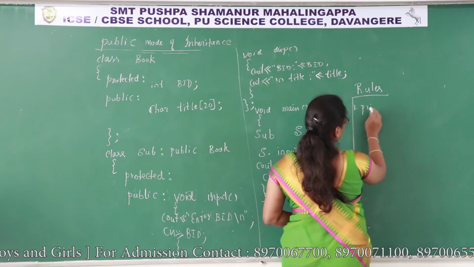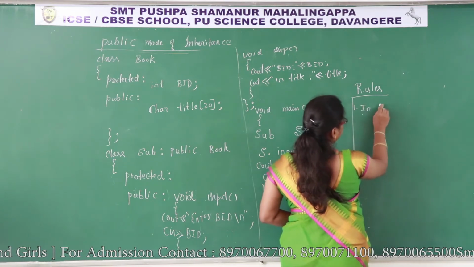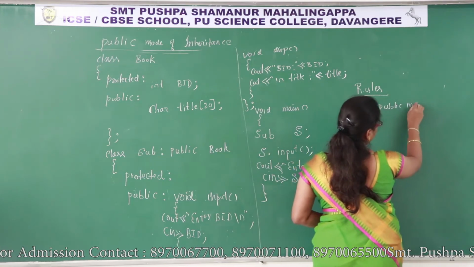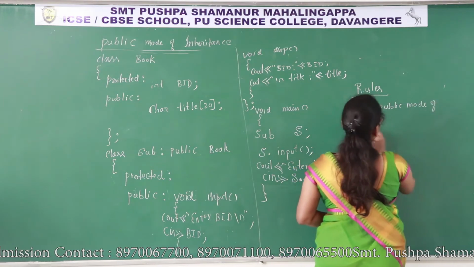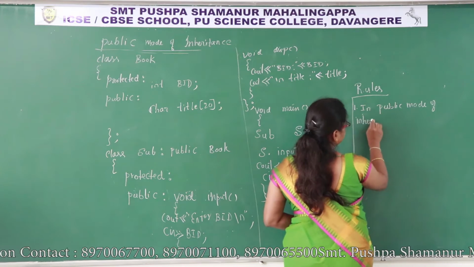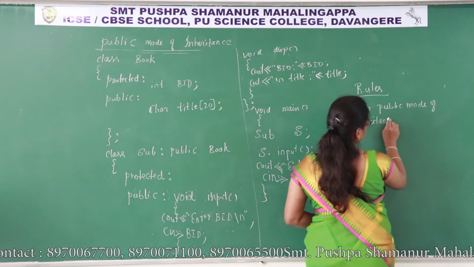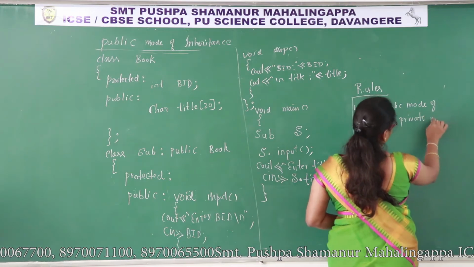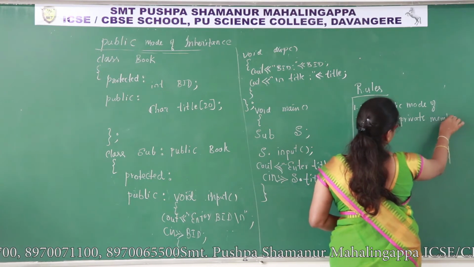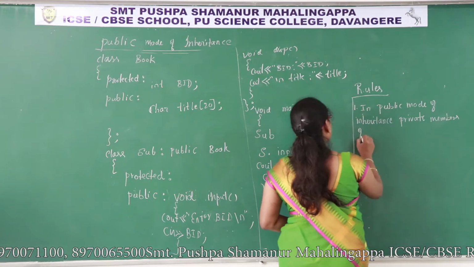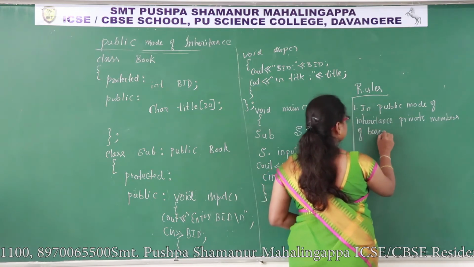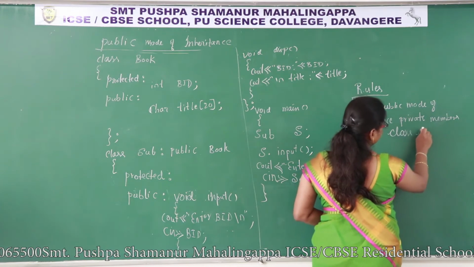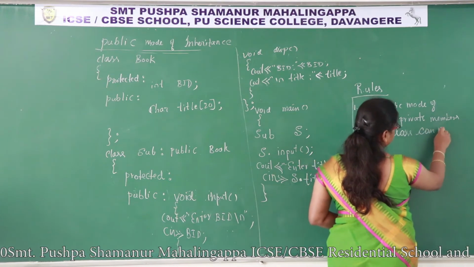Private members in public mode of inheritance. In public mode of inheritance, private members of base class cannot be inherited.